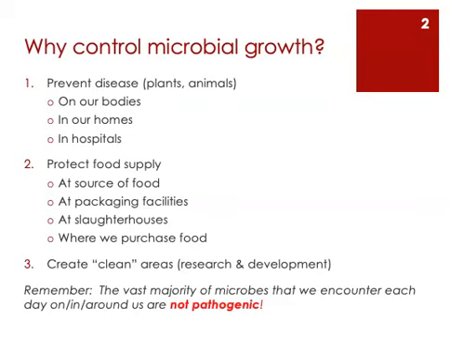In other words, we need to be able to control what's growing on plants and animal-based foods on the farm. We need to be able to control the growth of microbes in packaging facilities and at slaughterhouses. We even need to be able to control the growth of microbes in the places where our food is sold, both in restaurants and grocery stores.